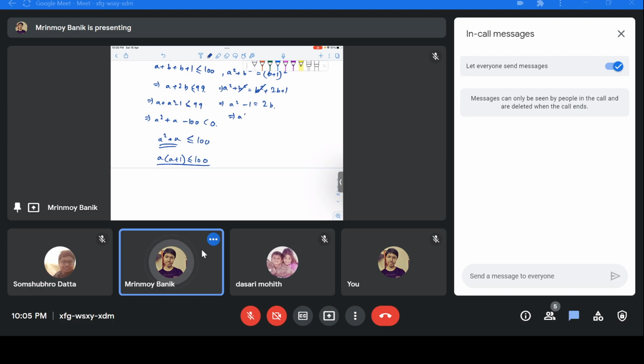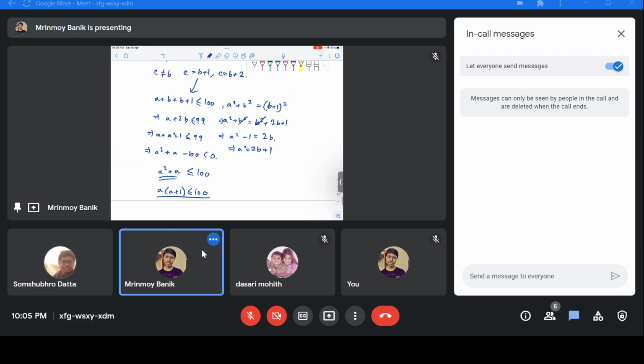Okay, so when a squared equals 2b plus 1, a squared is odd. That implies a is odd. So 2 doesn't divide a squared, 2 doesn't divide a, which implies a equals 2k plus 1, right?